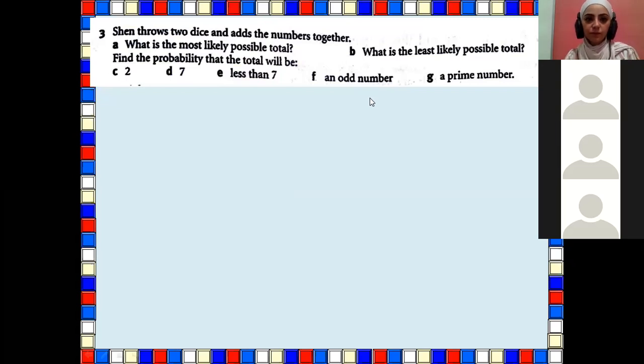What is the most likely possible total? Find the probability that the total will be... Okay, first let's just show our table. It's going to be the same table that we used now. 2 dice with the total of them.